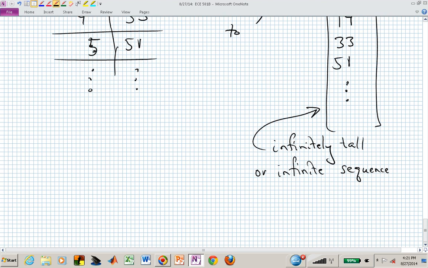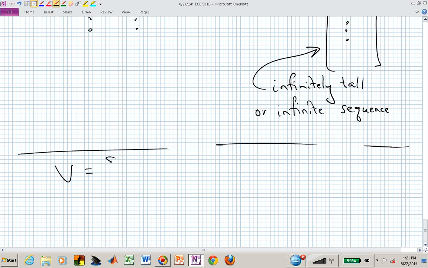Again, a vector space. We can also have vector spaces that are functions. We could say V, a vector space, is the set of functions that takes as its argument some element of the reals and maps those into the set of reals.